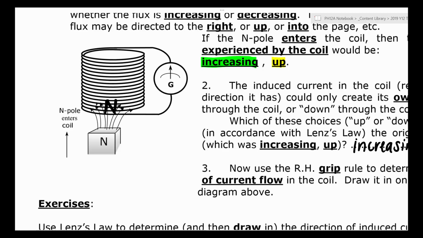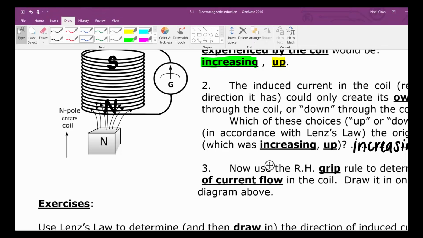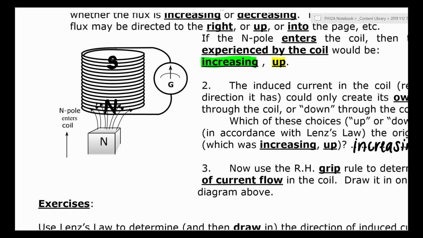And if a North Pole is down there, and solenoids behave like a bar magnet, then a South Pole would be up there. And we know that in magnetic field lines, the lines come out of the North and into the South, like so.